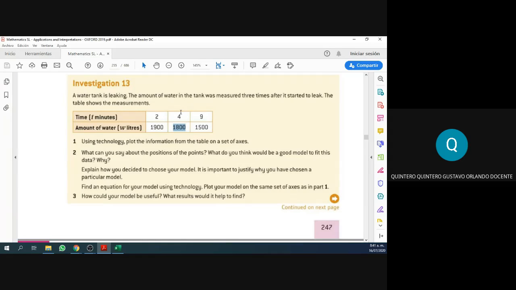Well, yeah, because it says here that the water tank is leaking. So it's decreasing the amount of water. It doesn't have the same amount of water. At 9 minutes, this is the amount of water that we measure, 1,500 liters.